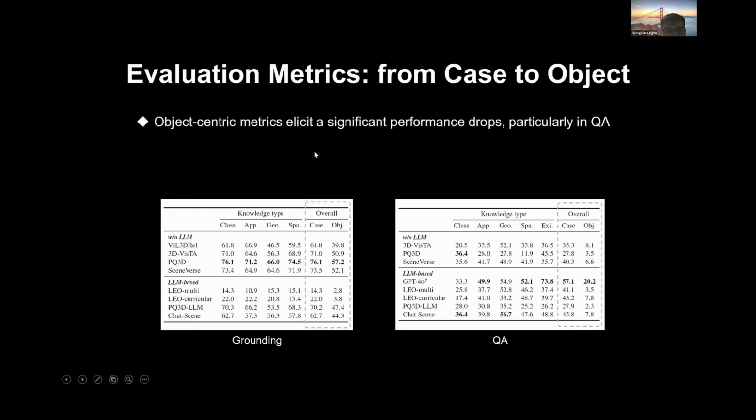Here we show the results of 2 types of tasks. The left table shows the grounding performance on our benchmark. We can see that the models without LLM have higher grounding performance. In the second table, we show the QA results on our benchmark, and we can see that the models with LLM have higher performance.